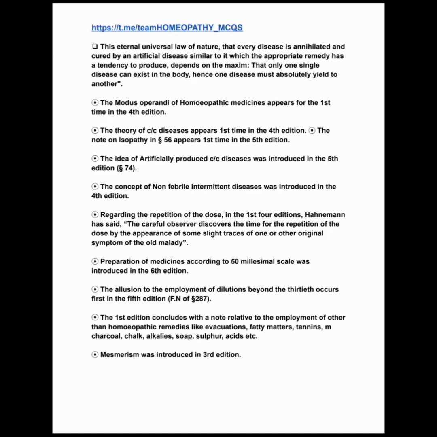The note on isopathy in aphorism 56 appears first time in the fifth edition. तो ये दो पॉइंट याद रखना है कि थ्योरी ऑफ क्रोनिक डिसीज फर्स्ट टाइम फोर्थ एडिशन में आई थी और आइसोपैथी पे नोट्स जो है वो फर्स्ट टाइम फिफ्थ एडिशन में आया था.